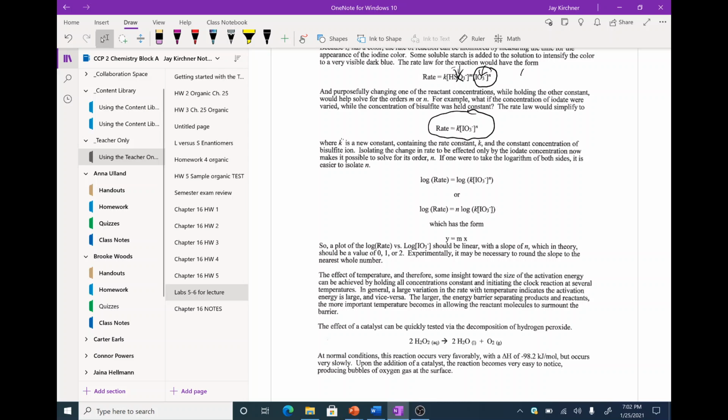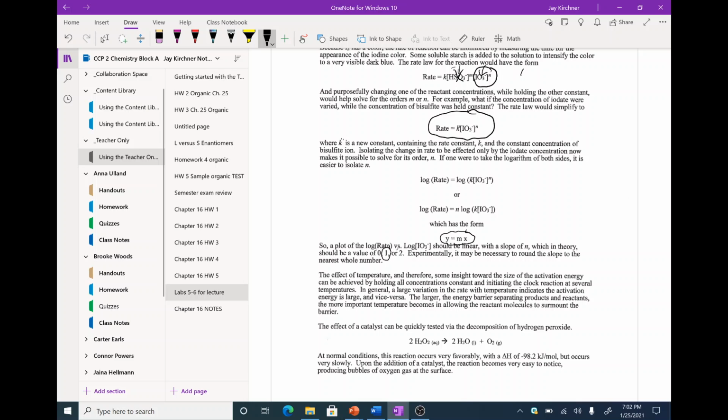Anyway, this is discussed as if we can take our data after this and graph it and take the log of the rate and take the log of this, we can have a graph that we can look at as being y equals mx. If we're taking the log of both sides, basically if we get a slope of 1, that means the order is 1.